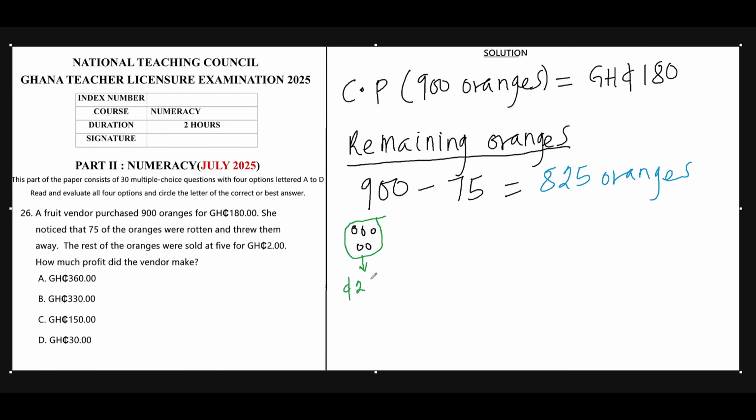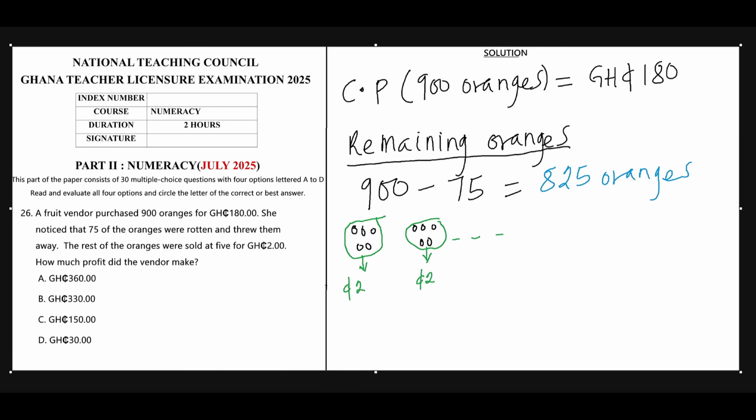Then again, groups of 5, the cost 2 cedis, in that order. That was how she sold the oranges. So first of all, let's find out how many groups of 5 are there in 825 oranges. That is how many fives can be obtained from 825.